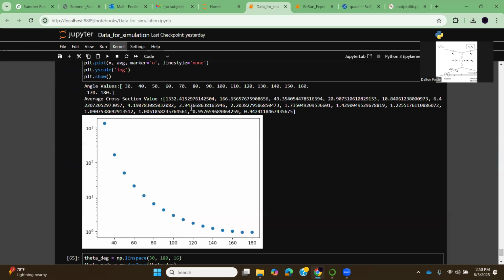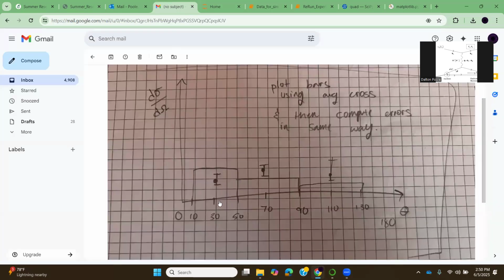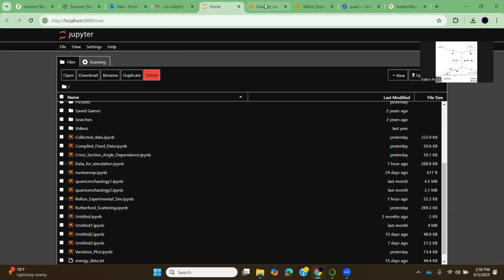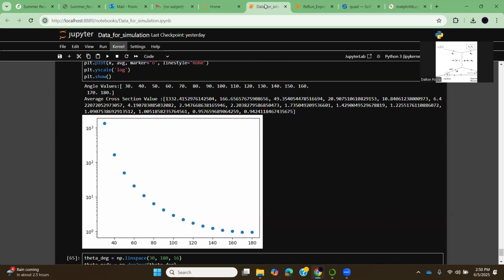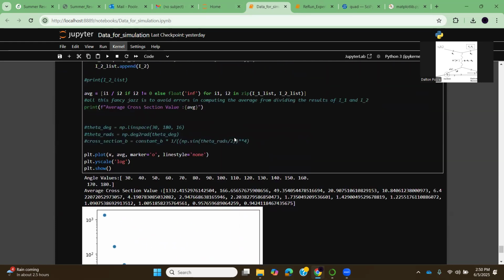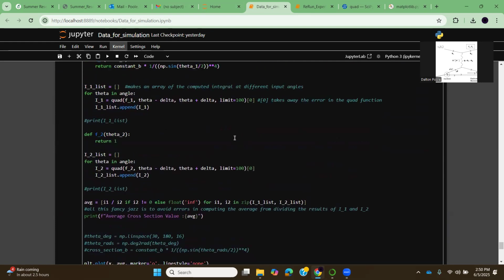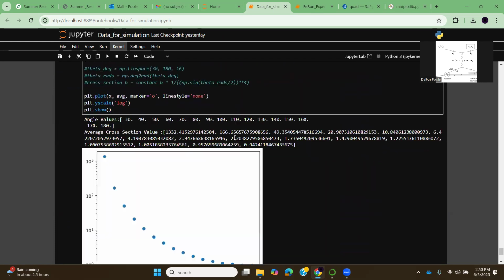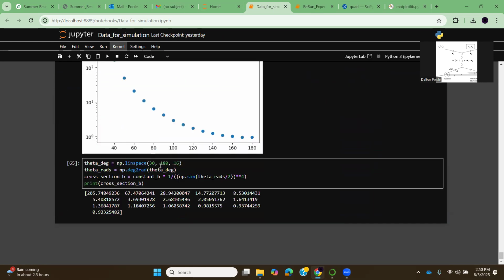But I believe that Dr. Daniels just wants the average cross section at those centroid points. So 30, 70, 110, and so on. So what I actually need to do is rerun this calculation for different theta values. Let me see if I can do that.